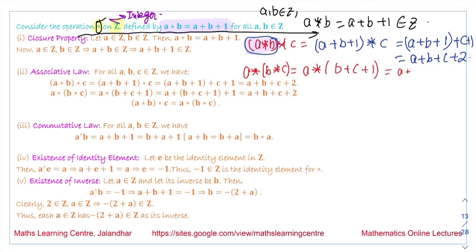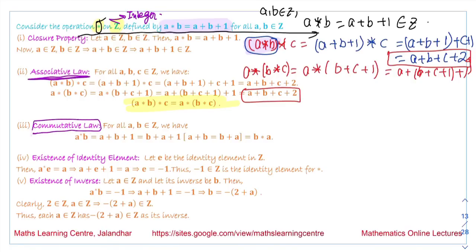This is equal to A plus B plus C plus 1, and this is equal to A plus B plus C plus 2. So we obtain that A star B star C is equal to A star B star C. So this property means it satisfies the associative law.